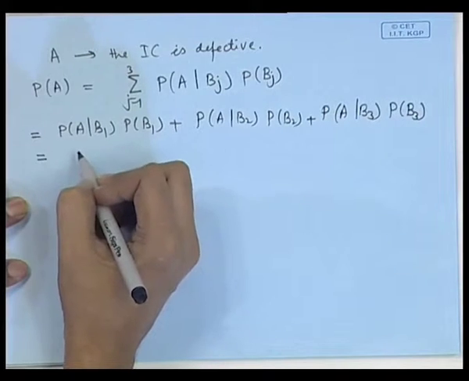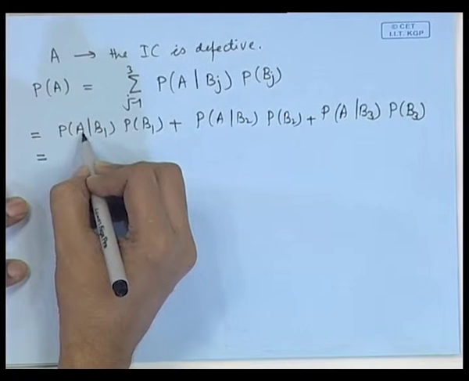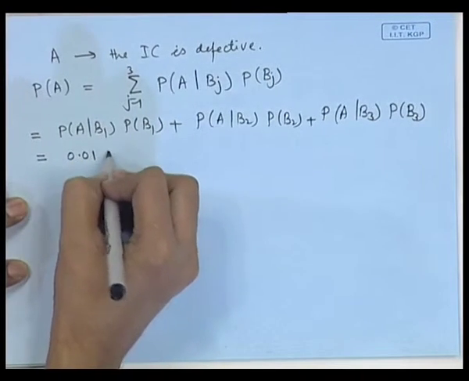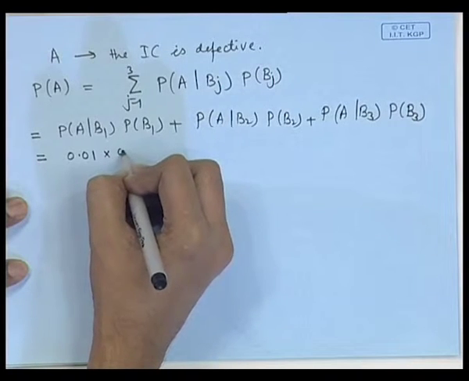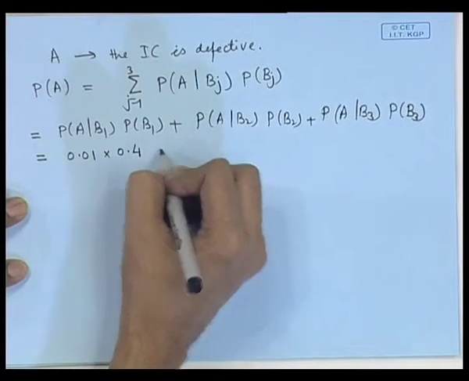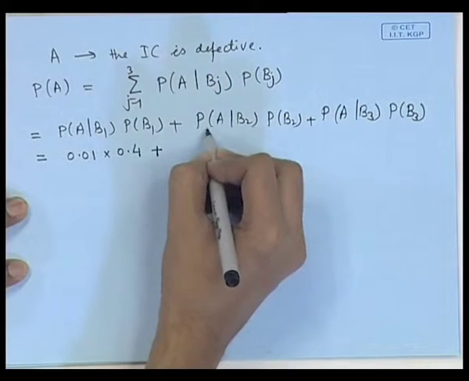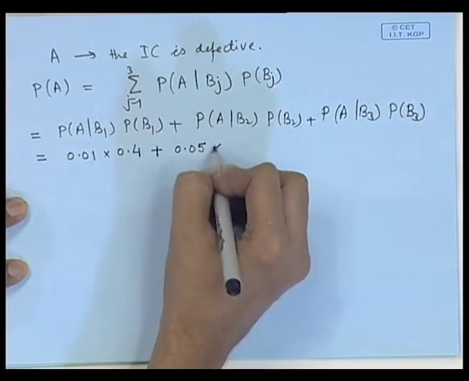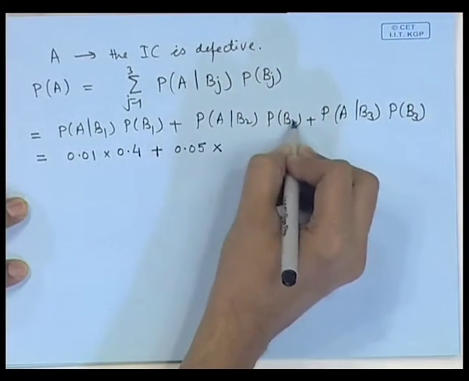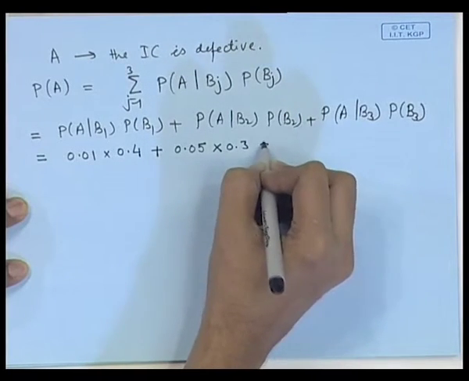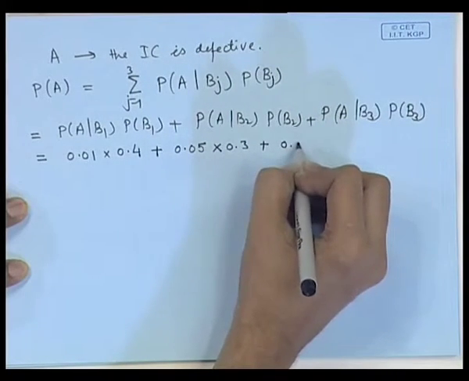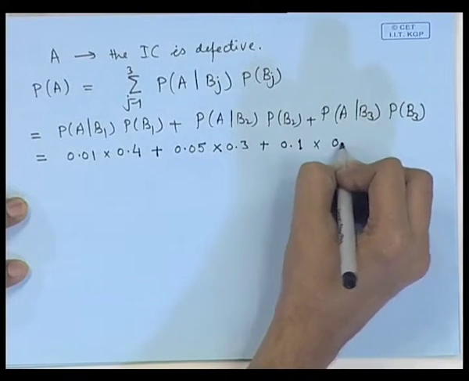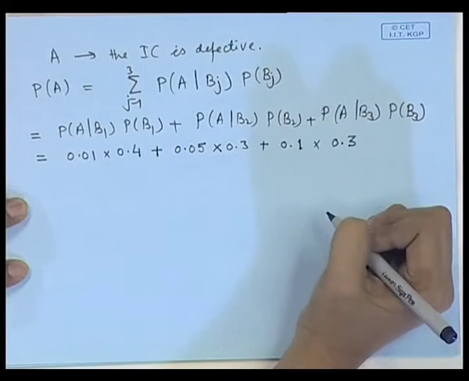So, now probability that it is defective given that it came from the first one is only 0.01, and the probability that it was supplied by the first supplier is 0.4. The probability of being defective from the second supplier is 0.05, and the probability that supplier 2 supplied it is 0.3. Probability that it is defective provided it was supplied from supplier 3 is 0.1, and the probability of getting the supply from the third supplier is 0.3.